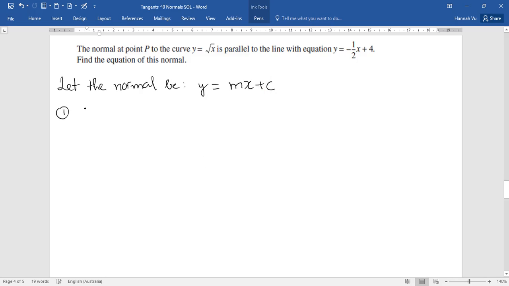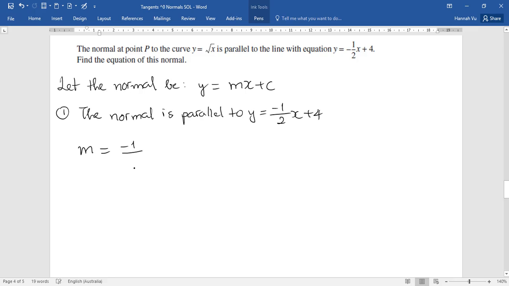Now first of all, the normal is parallel to y equals negative a half of x plus 4, and that means that the normal and this line need to have the same gradient. So we know that m, the gradient of the normal, equals negative a half, and from there we know that y equals negative a half of x plus c.